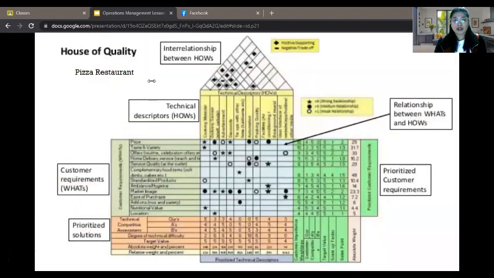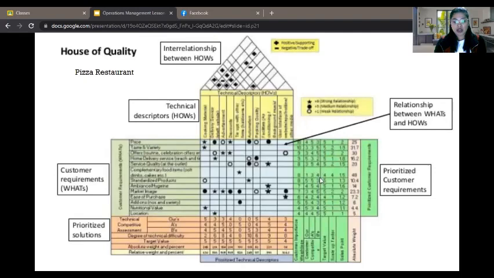Another example of a house of quality, for a pizza restaurant. Here they included the interrelationships between the hows. In this part, this is the correlation matrix. And then this is the technical descriptors for the design requirements.